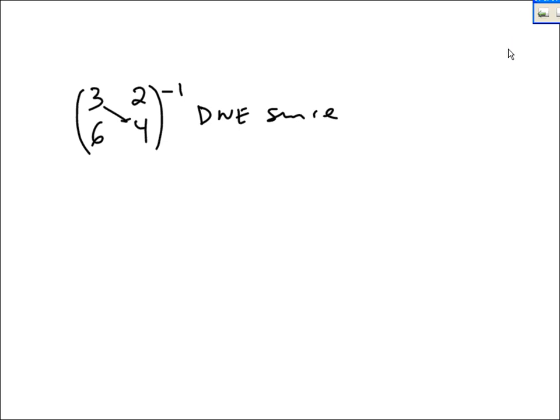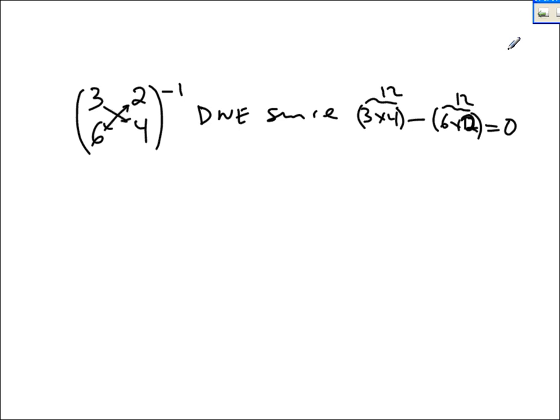So, if you have 3, 2, 4, 6, this inverse does not exist since 3 times 4 minus 6 times 2 is 0. 3 times 4 is 12. 6 times 2 is 12. 12 minus 12 just happens to be the number 0.